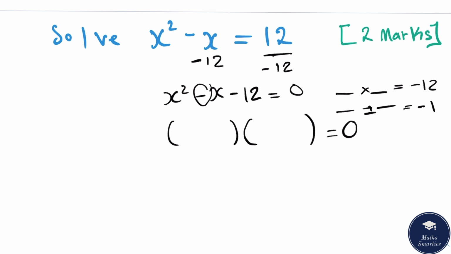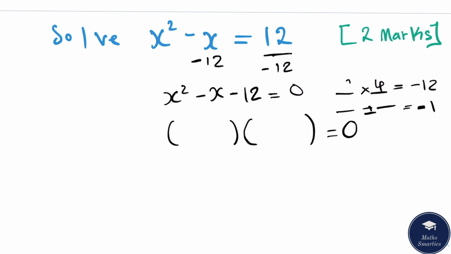The minus, because there is no number, that means it's 1. Here is 1. So, minus 1. Let's think. What are the factors of 12? 3 and 4, 6 and 2, 12 and 1. So which one could be added or subtracted to get minus 1? So it is 3 and 4.